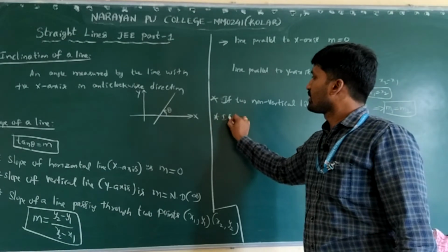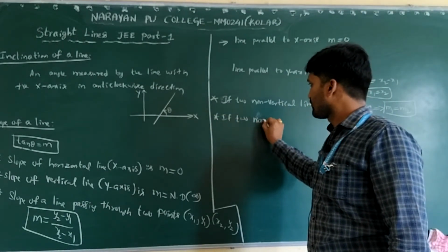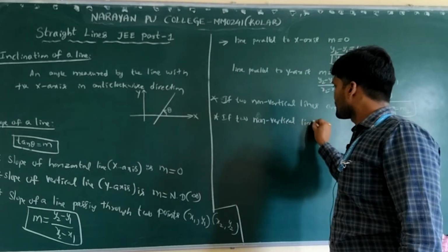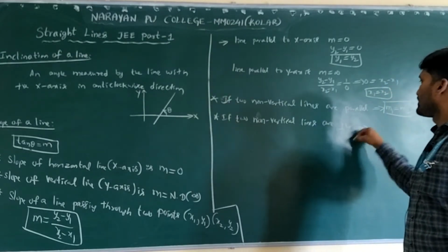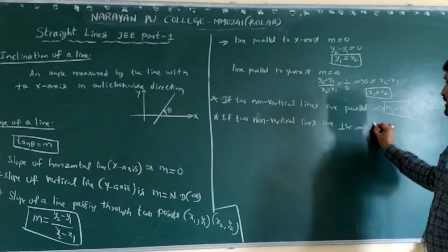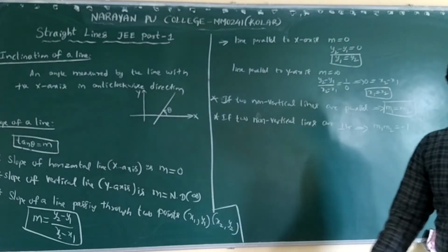Next, if two non-vertical lines are perpendicular, when the two lines are perpendicular, then the product of their slopes is equal to minus 1, that is m1 into m2 is equal to minus 1.